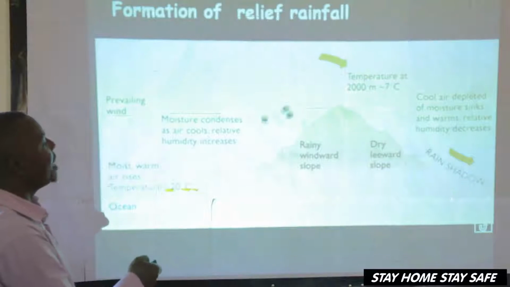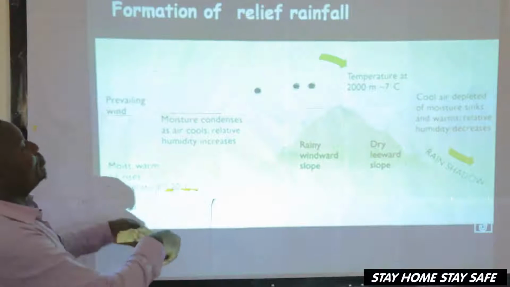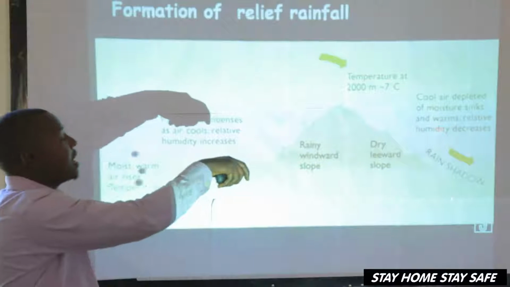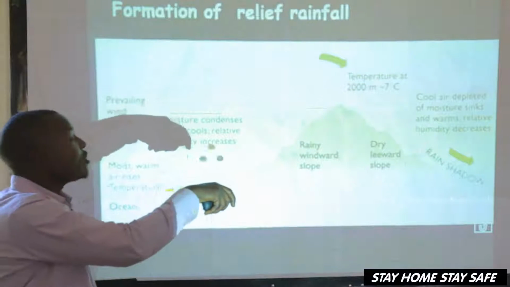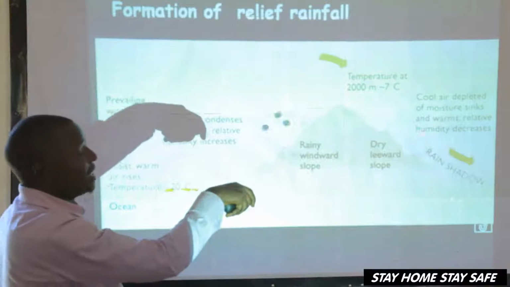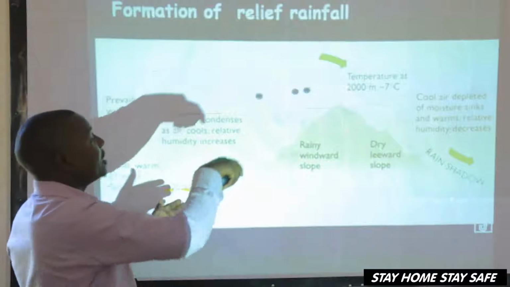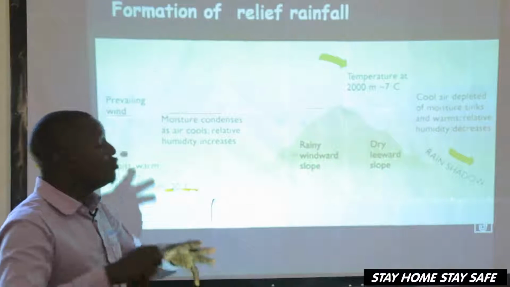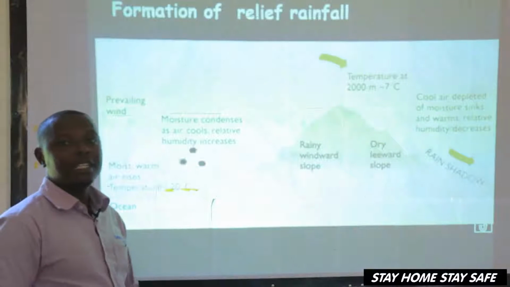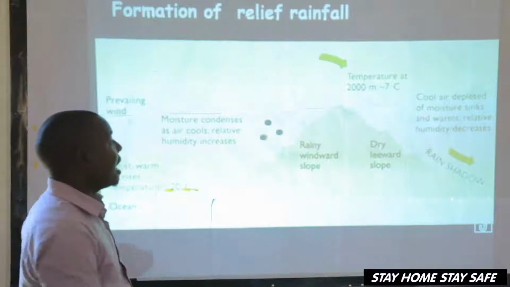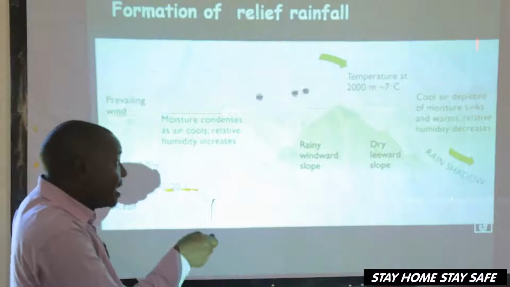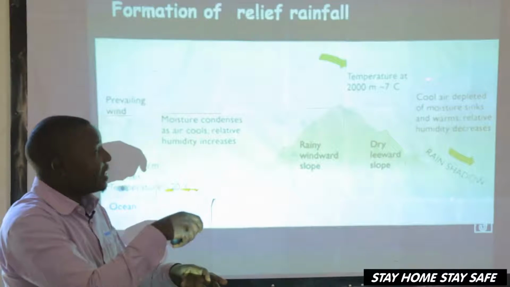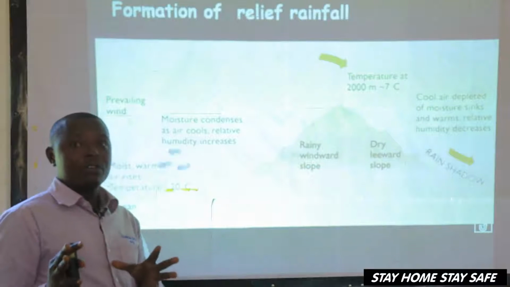Then we have some kind of wind which will be forced to go to the other side of the mountain, which we call the leeward side. These winds that go that side are dry, with just little moisture, so this side is capable of getting only a little rainfall.